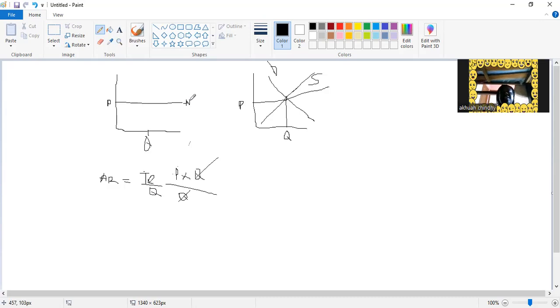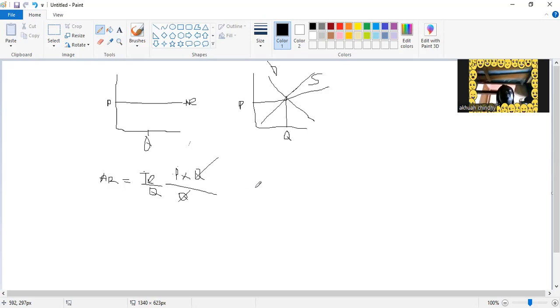And then there's a special feature for a perfect competition market, such that its price is equal to its marginal revenue. Why? Because in this market, the firm has the ability to only charge the price in the market. So every additional product it sells, it can only charge at the same price in the market.